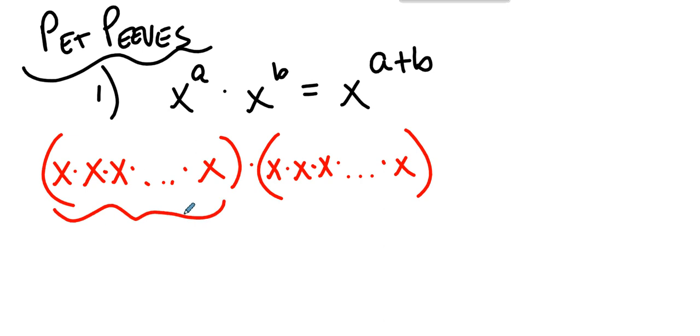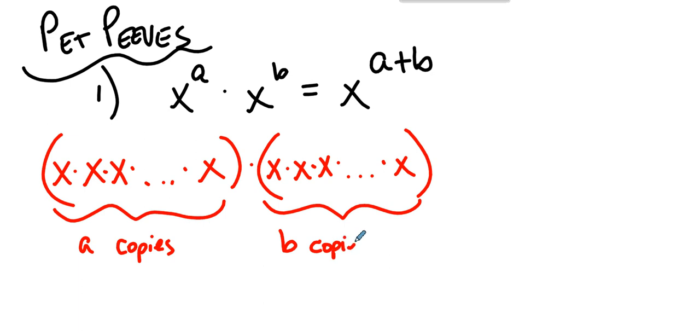We also say a copies and b copies. We do not say x is multiplied by itself a times, because that's false. x is multiplied by itself a minus 1 times. We will now all pause while you get that.